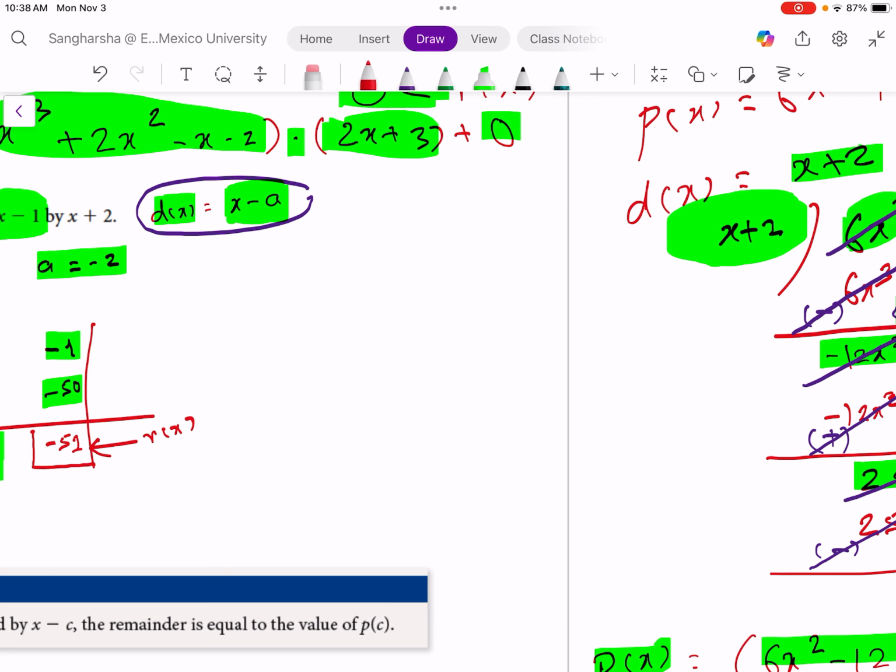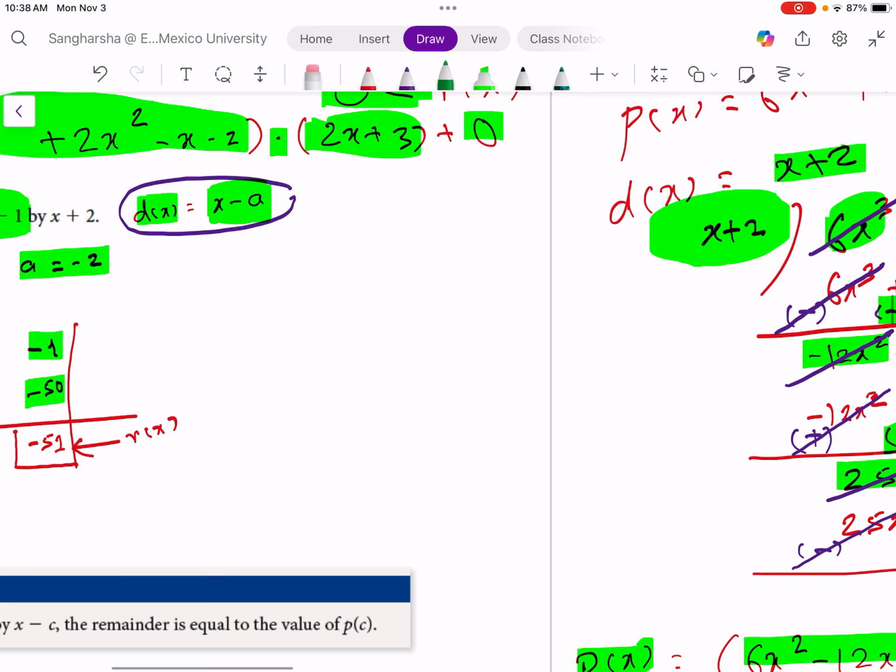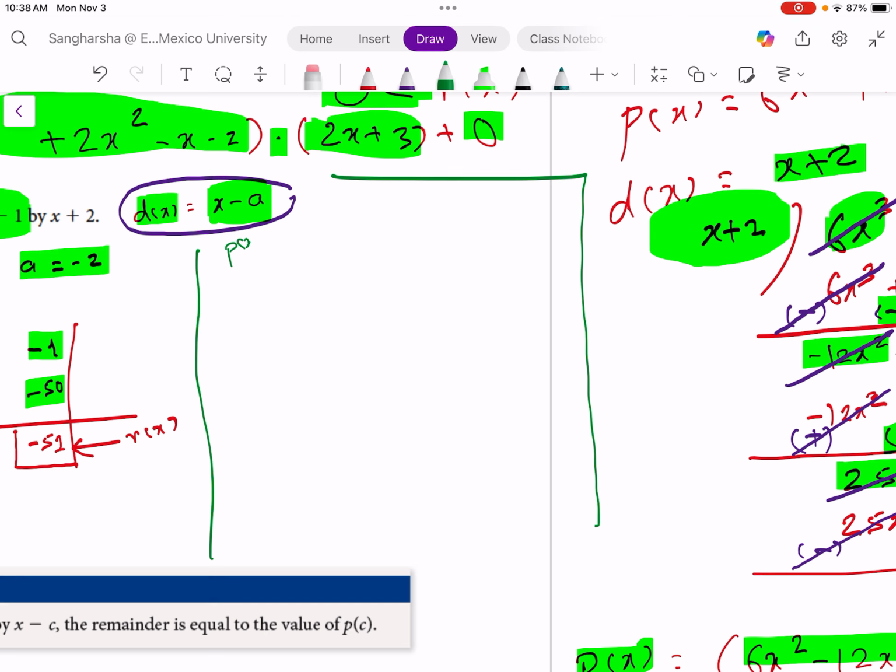So our polynomial is given as the very first polynomial. We have p of x as 2x to the power 4 plus 7x cubed plus 4x squared minus 7x minus 6. So this is the first polynomial, and let me change the divisor.